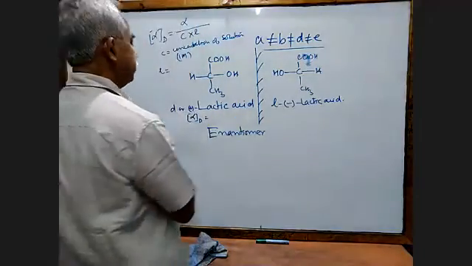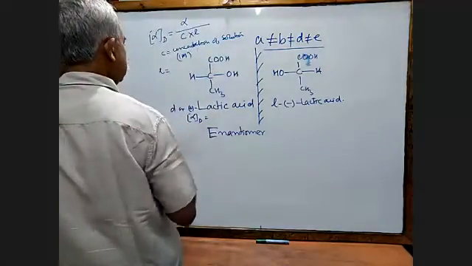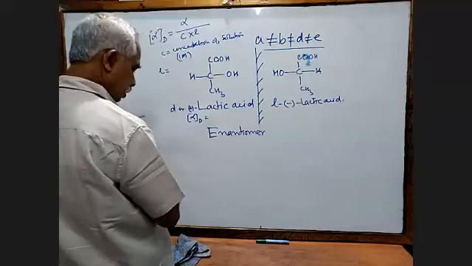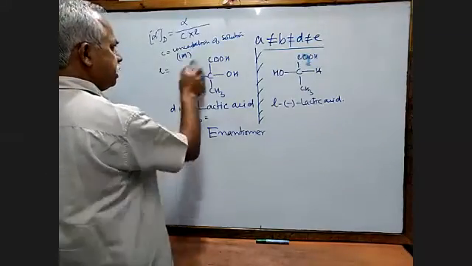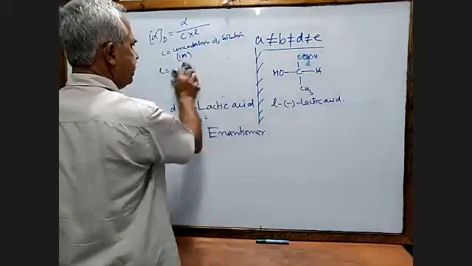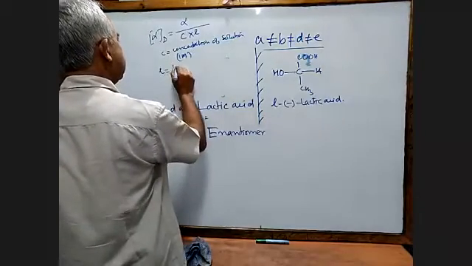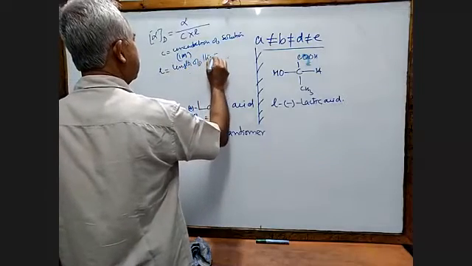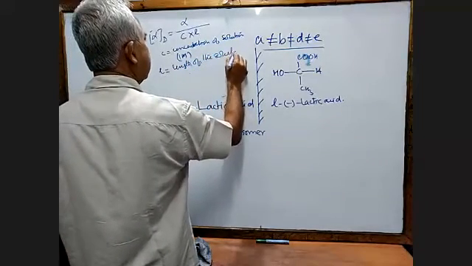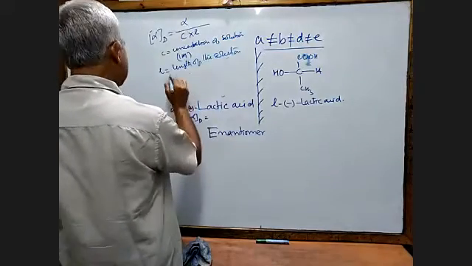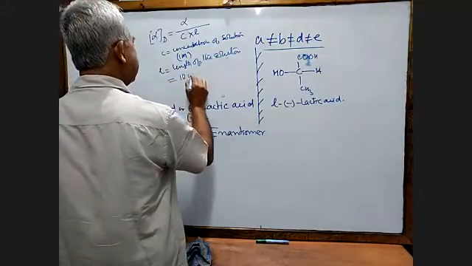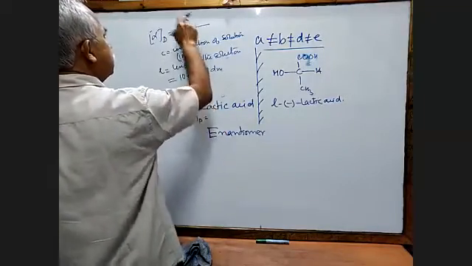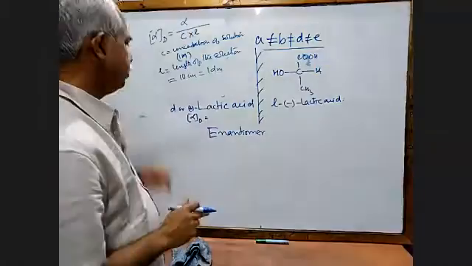So L, the length of the tube, is equal to 10 centimeter or 1 decimeter. So this will be 1, this will be 1, this will be alpha. So this is called specific rotation.